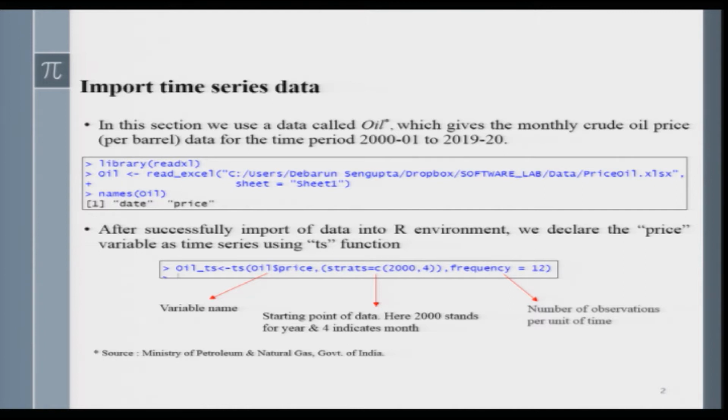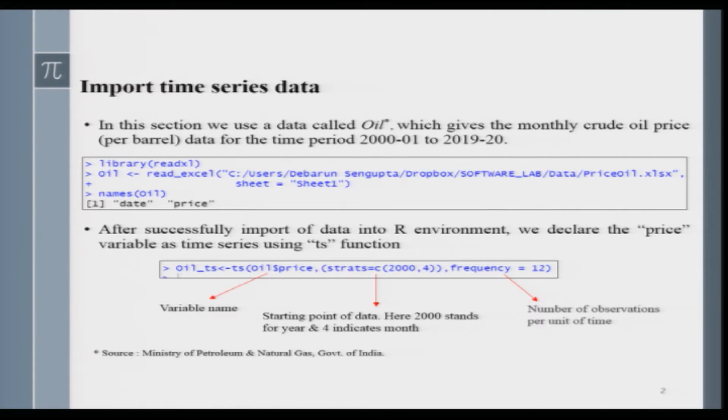Then you write this command where you are defining a data set that you name oil, and for that you have to write the read_excel command within brackets. You see I am referring to the working directory, and then that Excel file is there in that working directory, and the Excel file name is priceoil.xlx. So, I am instructing R to read the data in the Excel file and rename it, calling it oil.